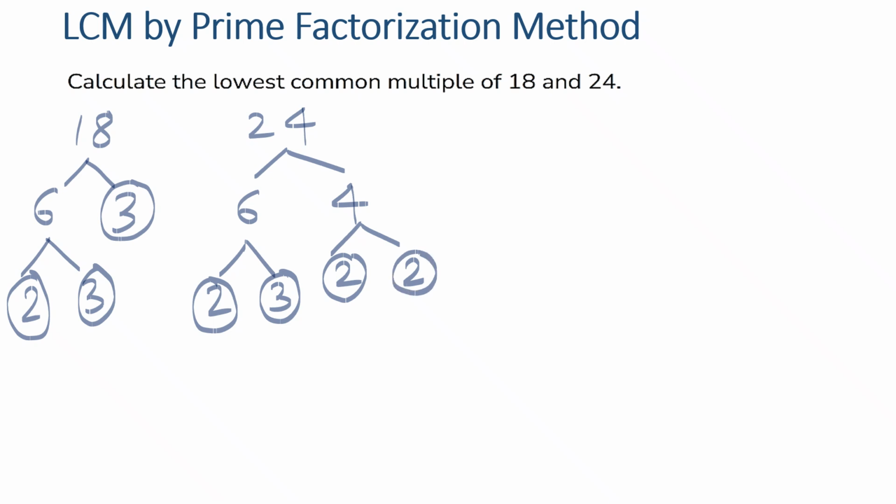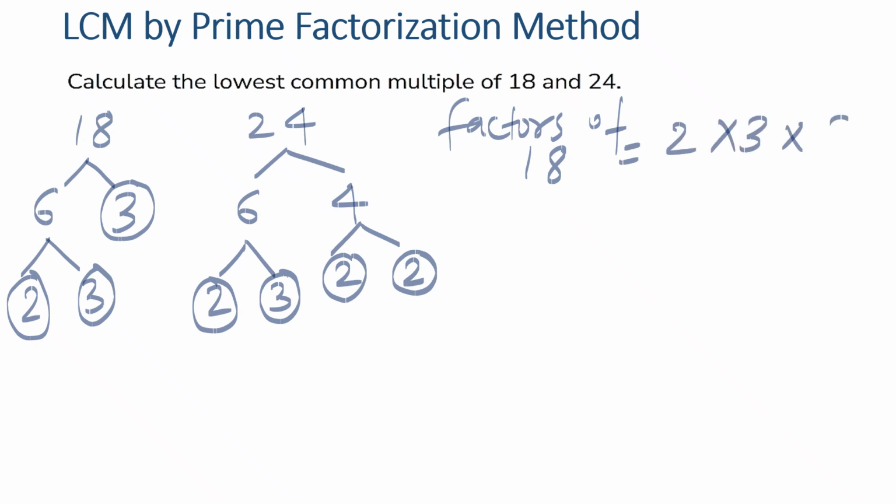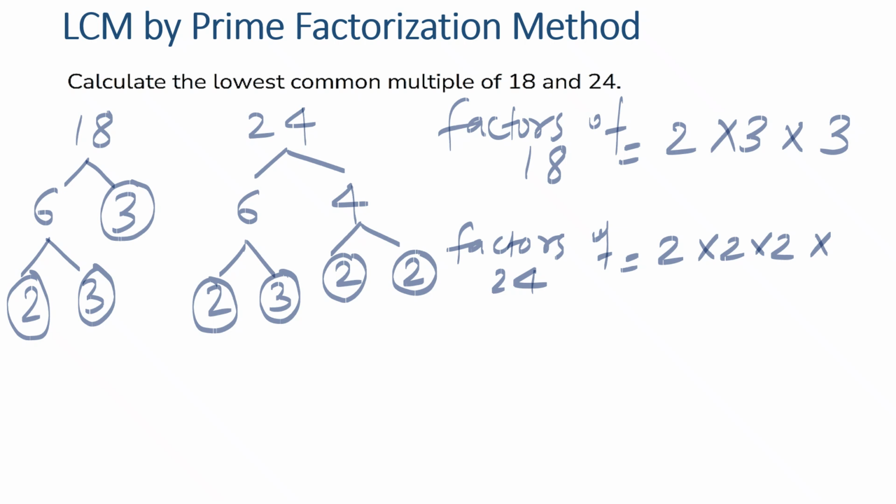Okay. Now I will write factors of 18. 18 is equal to 2 into 3 into 3. So 2 into 3 into 3. Now I will write factors of 24. So I got 3 times 2 and then 1 3.